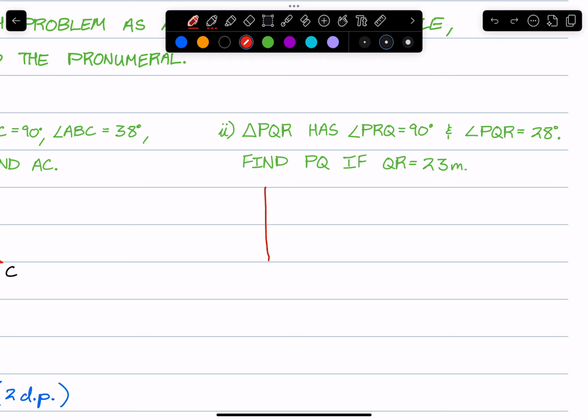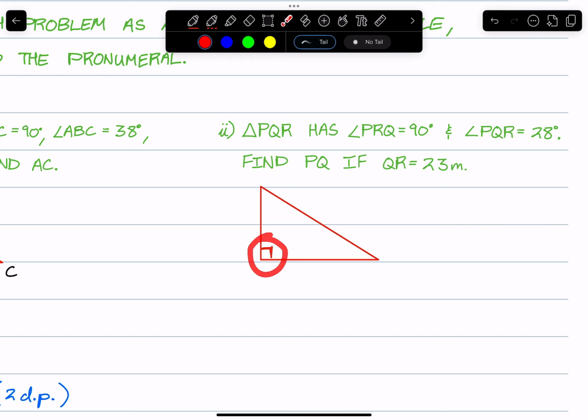So again, we have a 90-degree triangle, and since this is the 90 degree angle, it will be PRQ. So that is our 90-degree angle. And it says angle PQR is 28.